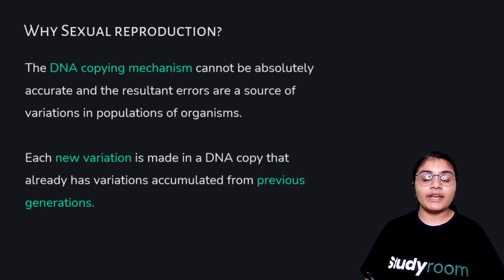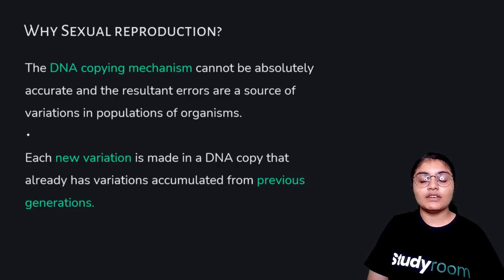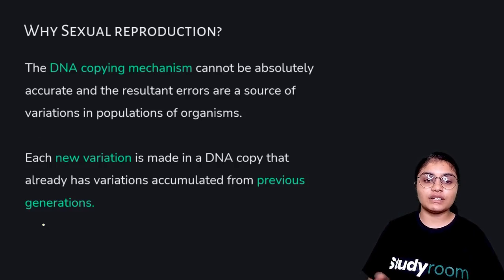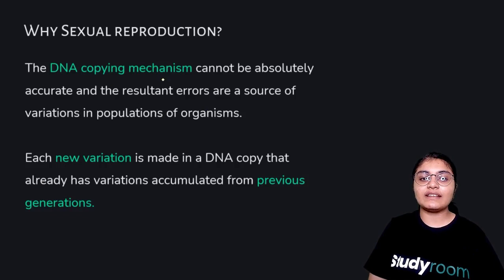The DNA copying mechanism cannot be absolutely accurate, and the resultant errors are a source of variations in populations of organisms. So when the DNA copying mechanism occurs during reproduction, there are certain errors, and due to these errors, variations are produced in the new individuals.